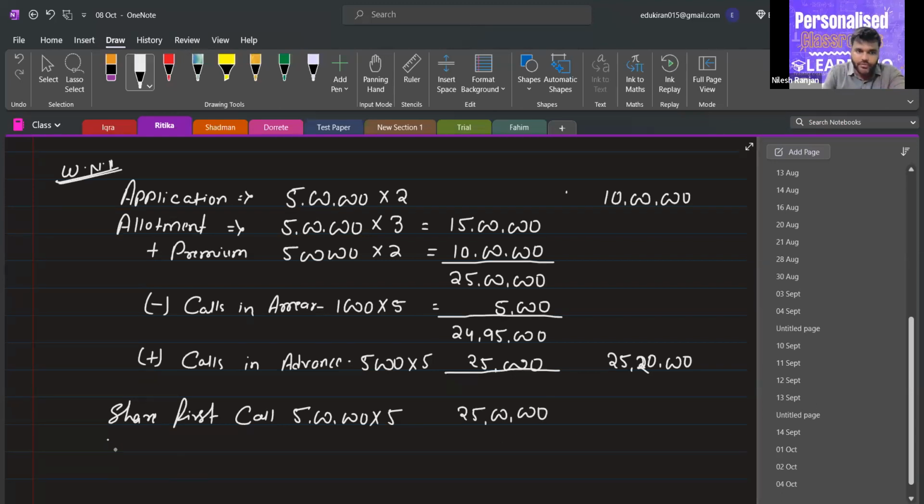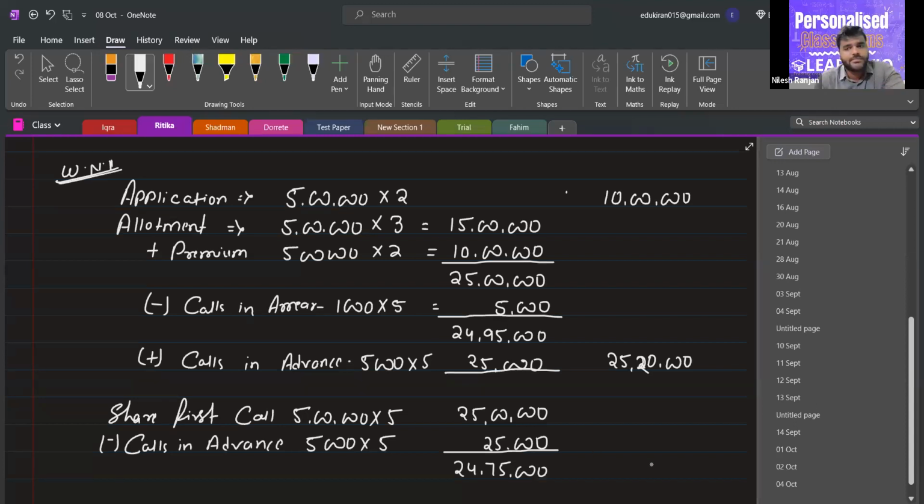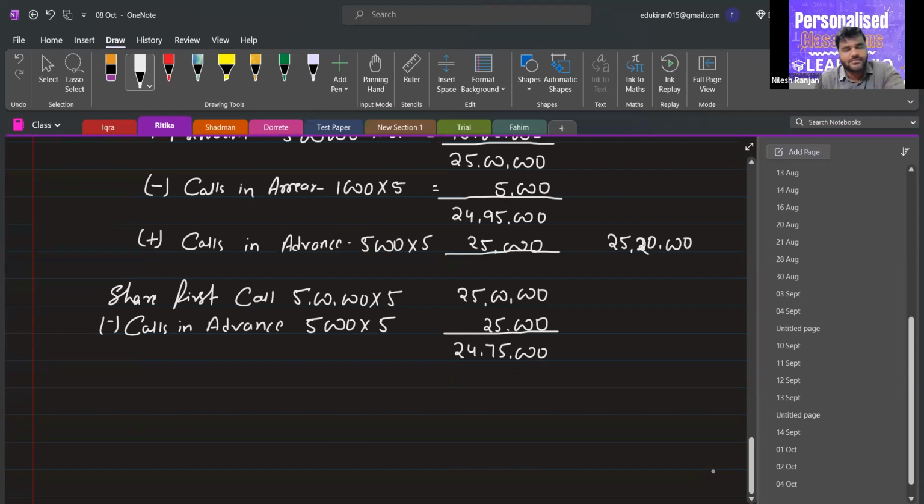And we will deduct the calls in advance here, because we have received this 5,000 into 5 at the time of allotment, so we will not receive it here. So it is 24,75,000. Is it complete? We will write the final amount here. Yes, sir.